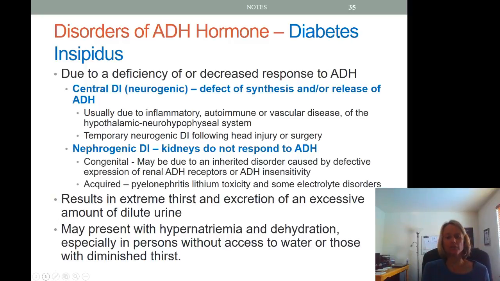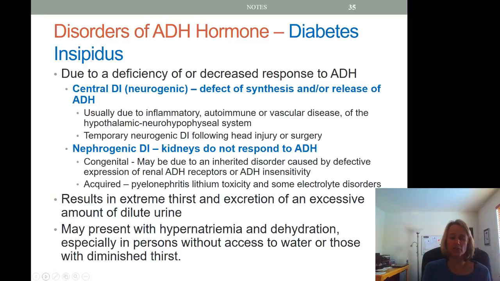Or we can have nephrogenic, referring to the nephrons. So this is where the kidneys don't respond to ADH. This can be congenital or acquired, such as with lithium toxicity and some other electrolyte disorders. In either case, this is going to result in extreme thirst because of the excretion of an excessive amount of dilute urine.